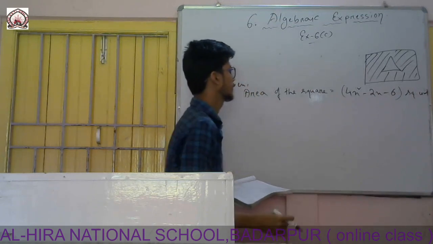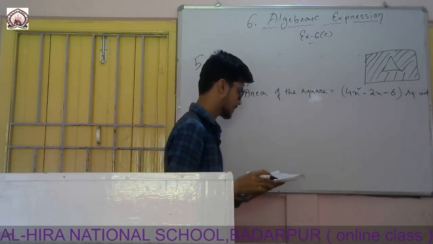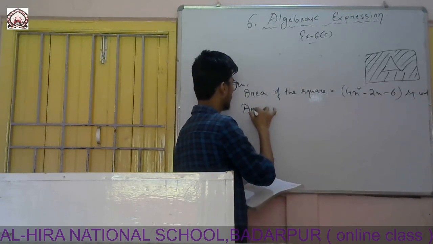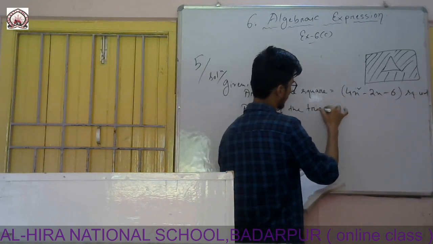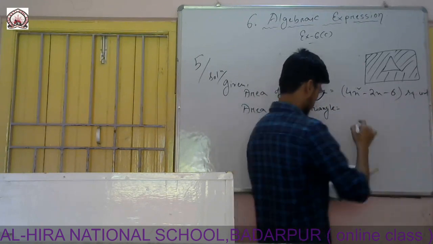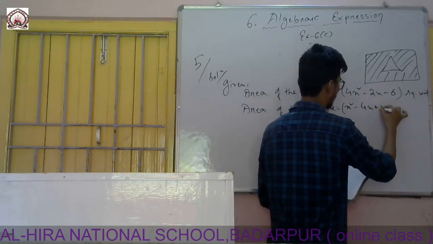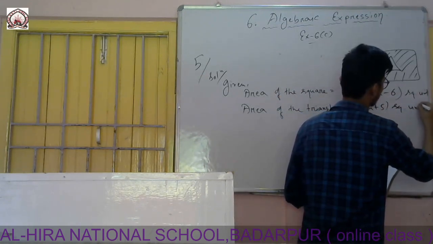Okay. Again, given a triangle inside the square has an area x square minus 4x plus 5. So I will write area of the triangle is equal to x square minus 4x plus 5 square units.